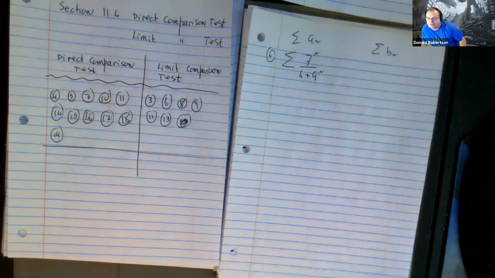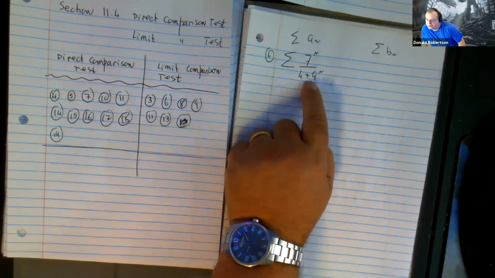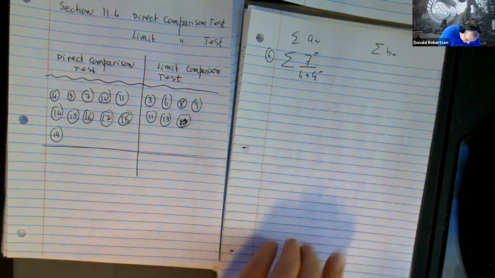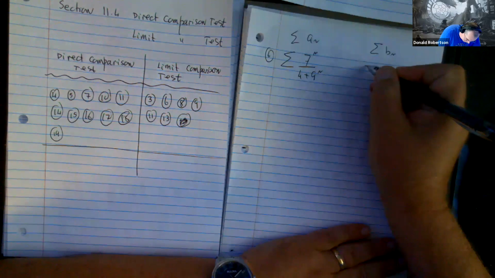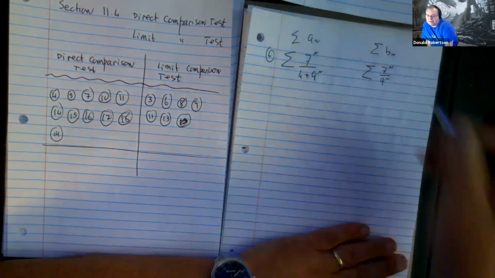Would you agree that this is probably related to a geometric series? So what would be the simplest version of it? How about 7 to the n over 9 to the n? Would you agree it would behave like that?